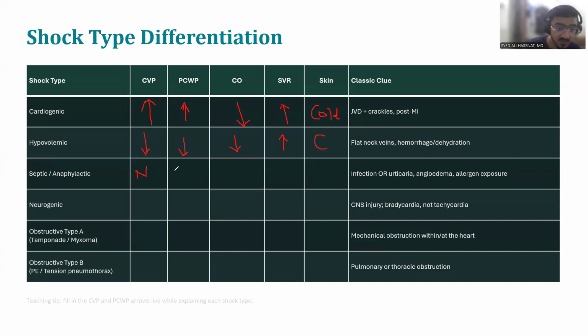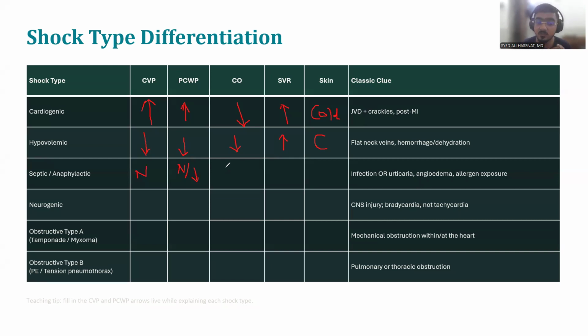The pulmonary capillary wedge pressure is almost normal, or it slightly gets decreased. Why? Because there is some vasodilation, and when there is some vasodilation, the pressure gets decreased. The pulmonary capillaries get vasodilated, and the pressure slightly gets decreased.